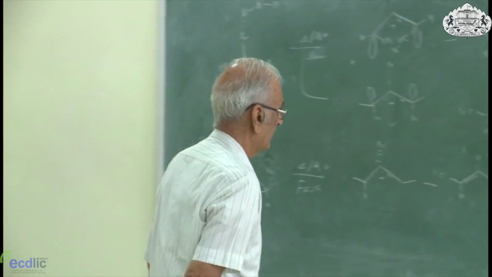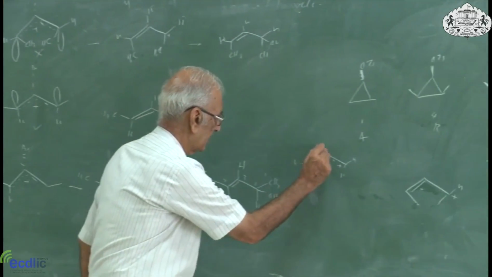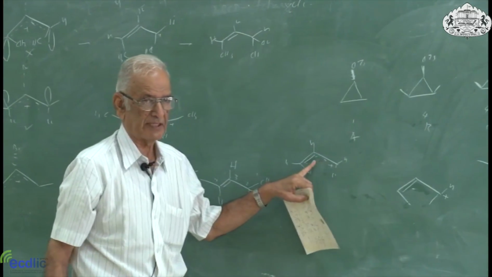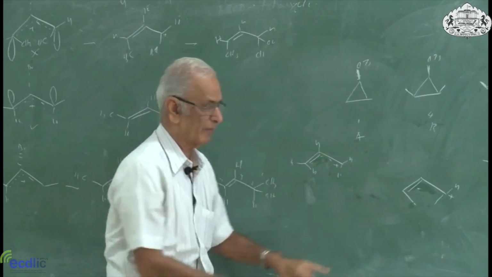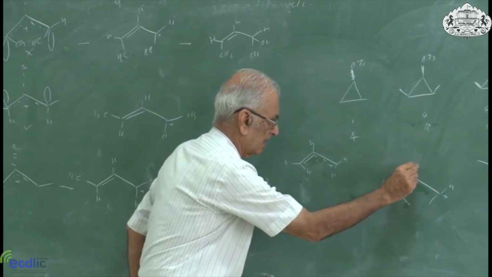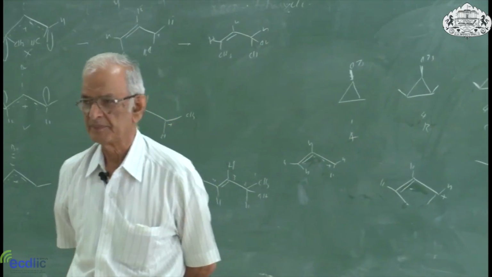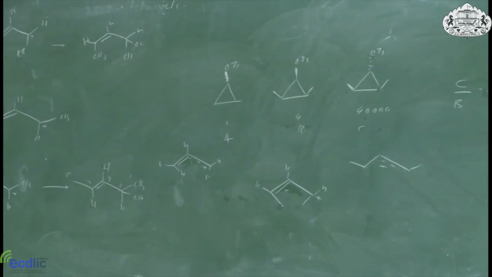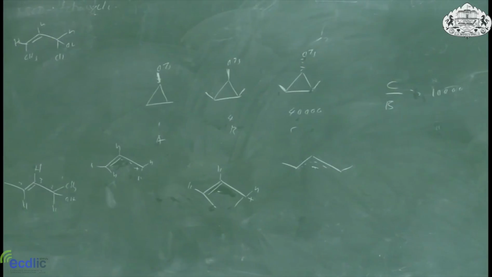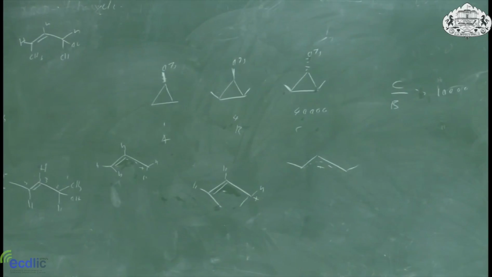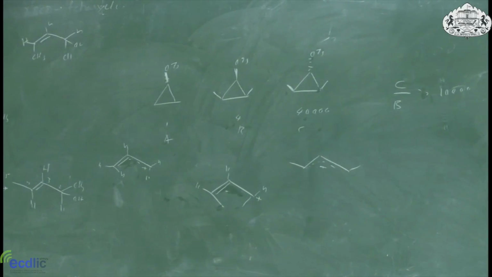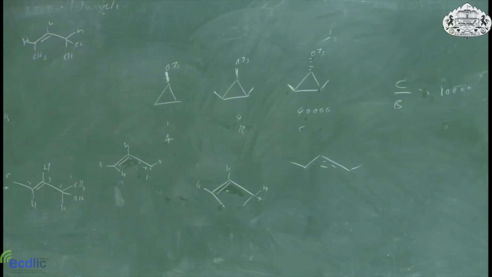Number 2, this double bond is mono-substituted. This double bond is di-substituted. So, cation is secondary, double bond is more substituted. So, in spite of the greater steric hindrance, this compound reacts faster than the one without methyls. Okay. All right.